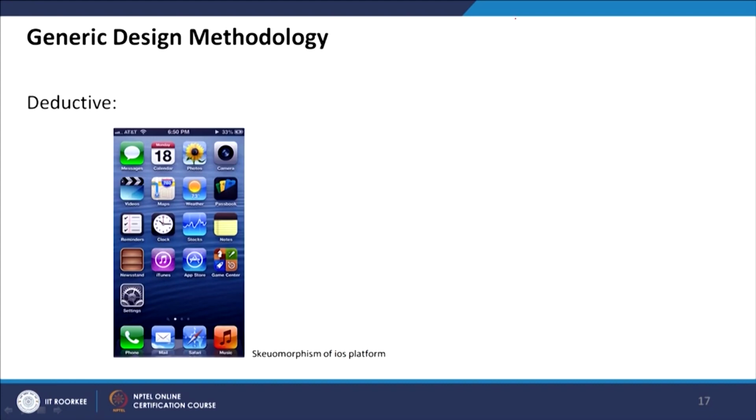So in deductive theory, when the theory is already there, it will be a deductive technique. For example, if we think about skeuomorphism on the iOS platform, there is already a set pattern of design language by the iOS platform, Apple, and also there are platform style guidelines for the Android platform.